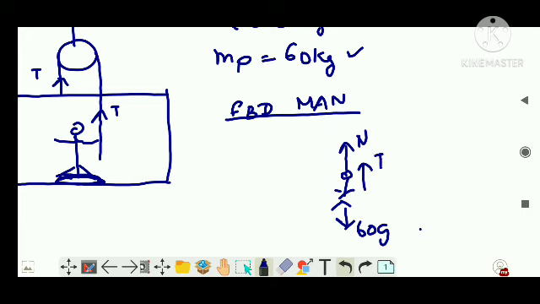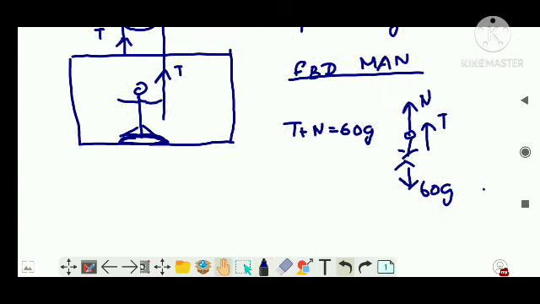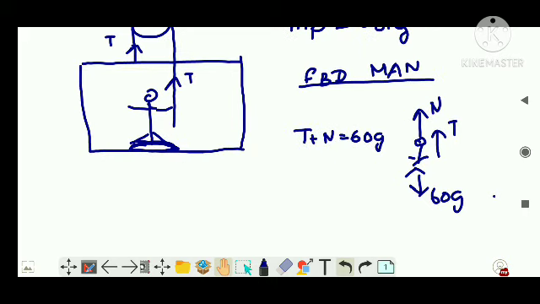So here I can write T plus N is equal to 60g. Simple. Now let's draw the free body diagram of the lift, just the lift. Let's make that a smaller one. There is a tension here, so draw the tension.